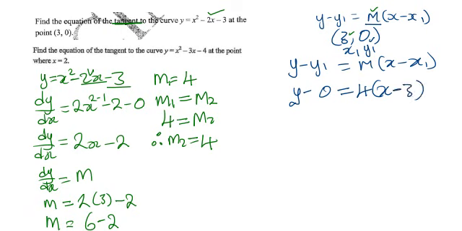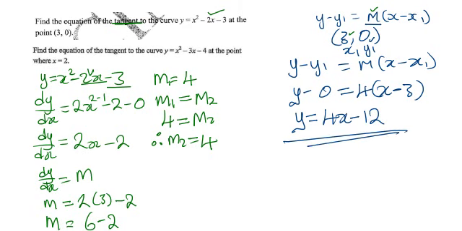From there, just do simple algebra so that it becomes the form y equals mx plus c. So it will be y minus 0, just y, equal to 4 multiplied by x, it is 4x, and 4 multiplied by negative 3, it will be negative 12.